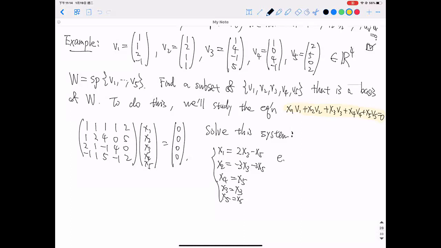So for example, we can take x3 equal to, say, 1, x5 equal to 0, and that will make x1 equal to 2, x2 equal to minus 3, and x4 equal to 0.